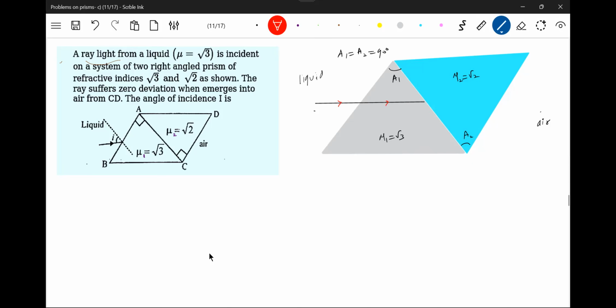This is the normal, and this is the angle of incidence I. Then here we'll get a normal for this, and then the ray is here. What is the refractive index of the liquid? Root 3.